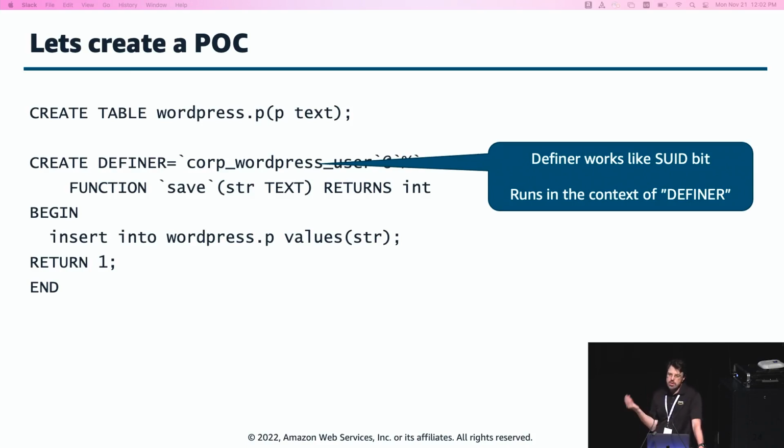So when I specify the definer, this function will be running in the context of my user. So I will craft my main function, retrieve the password, put it into the save function, and the save function will be running as suid. So it will be running in the context of my user, and my user has the ability to insert or update or whatever.